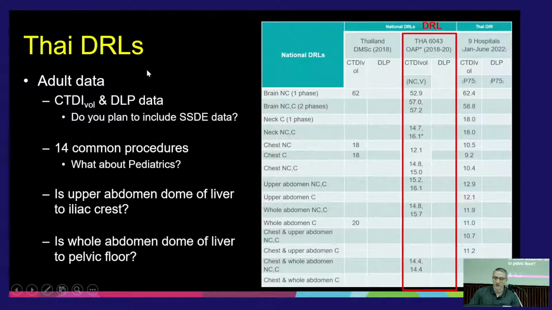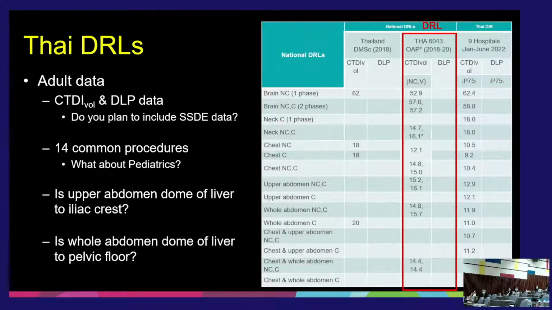So a couple of questions I have is, what is the plan within the Thai government to go forward? Do you intend to include, for example, pediatrics and SSDE? Well, actually, within these 9 hospitals, we have 1 children's hospital, so we have the pediatric data, and we have data for ages below 18.